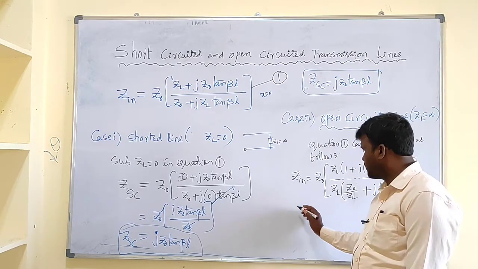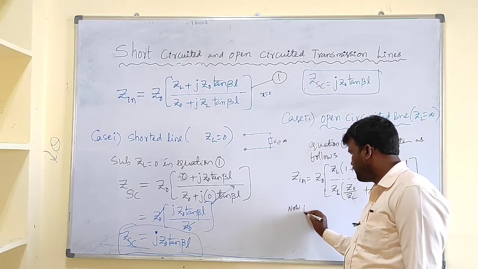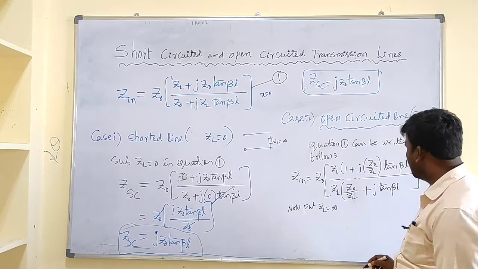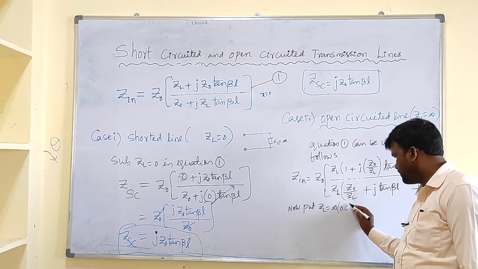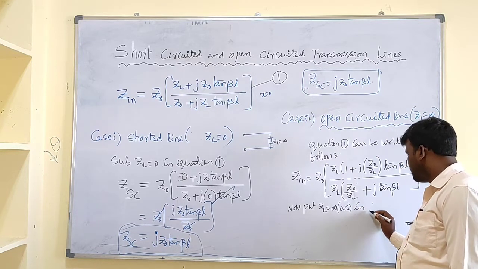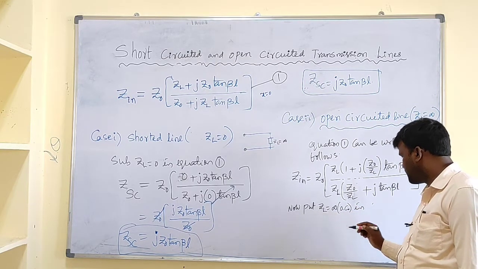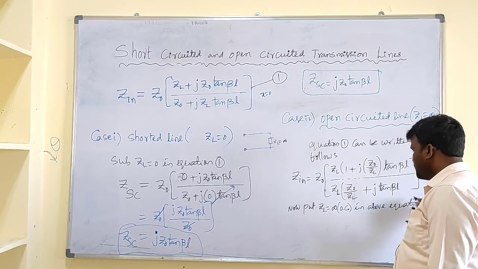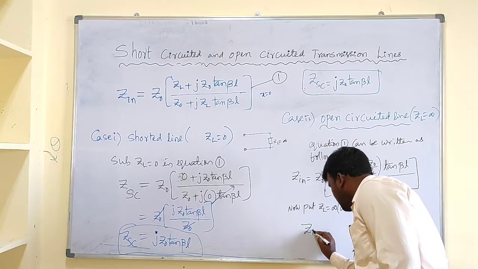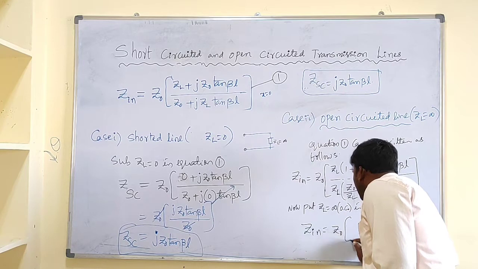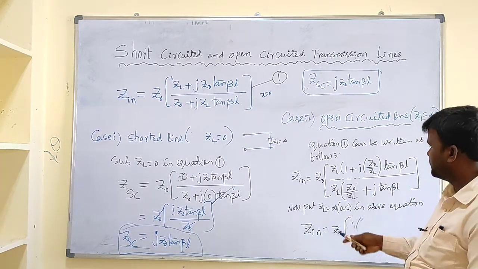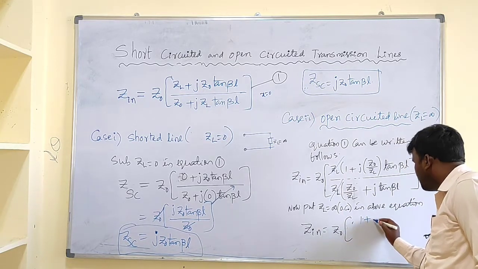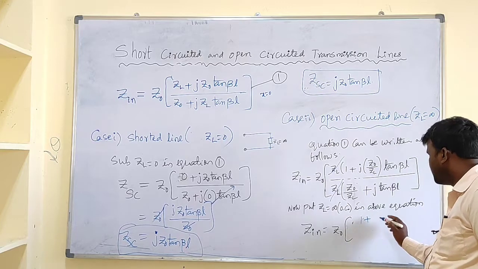Now put ZL equal to infinity in the above equation, that is the open circuit. If you substitute ZL as infinity, we will get ZIN equal to Z0, and ZL cancels out. The remaining term is something by infinity, that is 0.